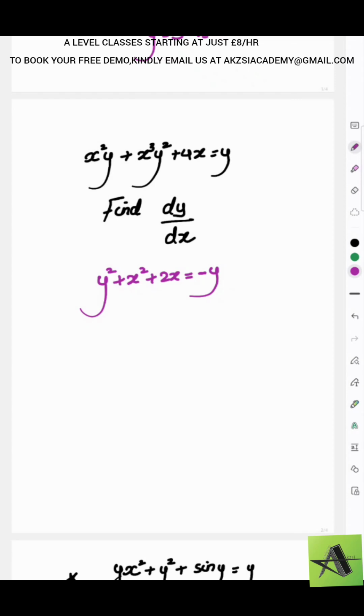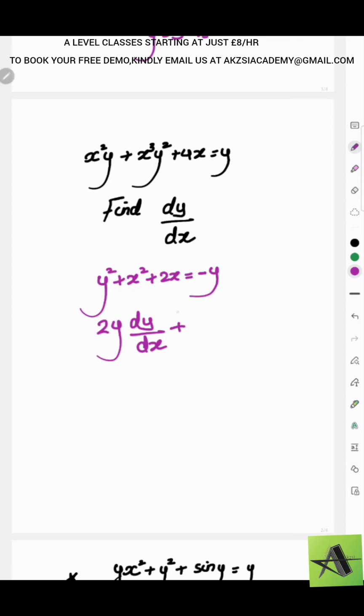Differentiating x squared gives 2x. Similarly, differentiating y squared using the same formula gives 2y, but with 2y I write dy over dx.